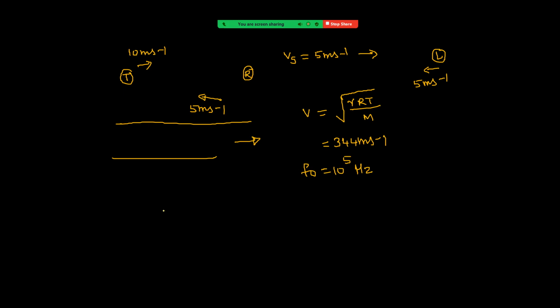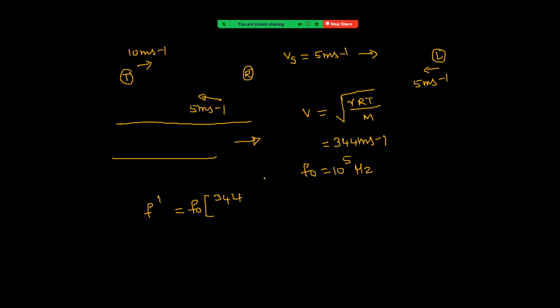Now calculate the frequency observed, so take it as f dash. f dash equals f naught into the velocity of sound, 344, with respect to the medium. The listener is moving towards the source.